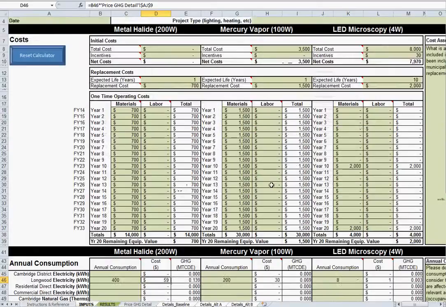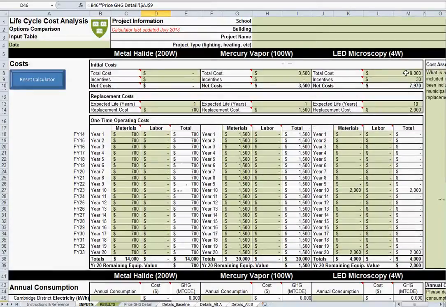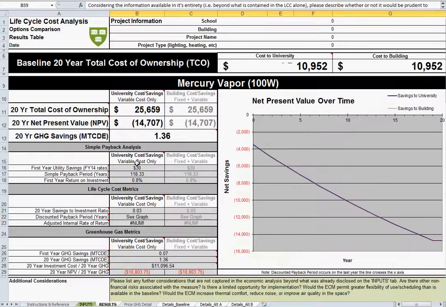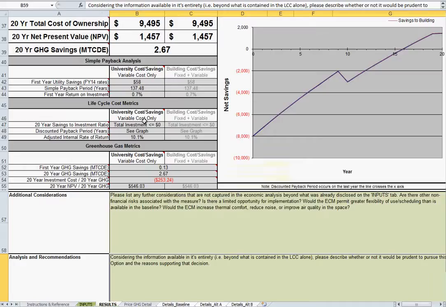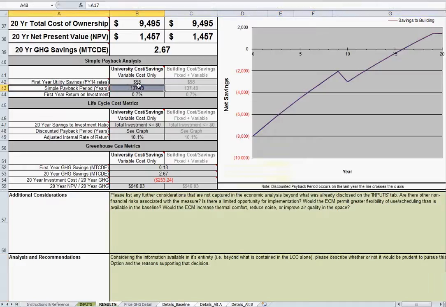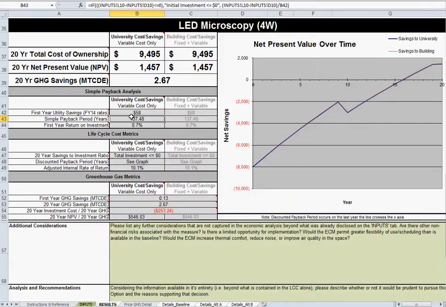If we took that $58 a year and divided that by our initial cost difference of $79.70, what we end up with is a simple payback period of 134 years. So that is not a terribly good simple payback period. So that's something we want to look at if we just consider those two metrics.